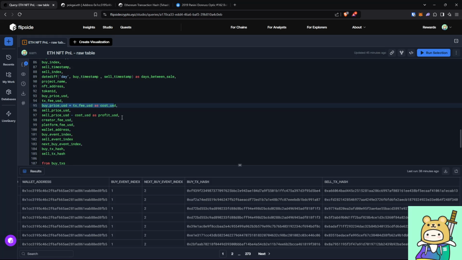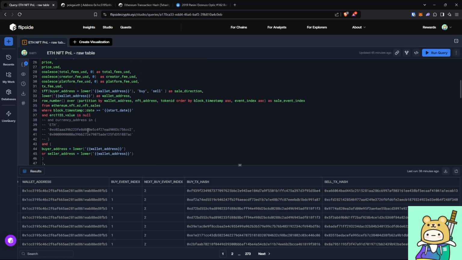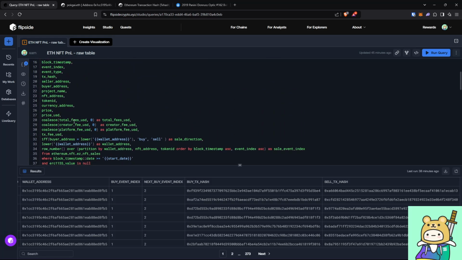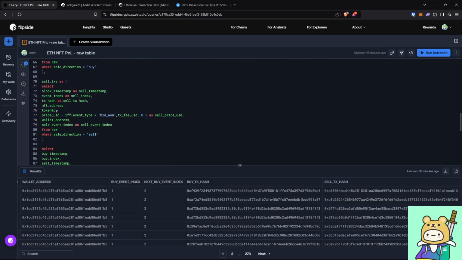Yeah, let's do that. So platform fees, I have it in raw, and this would be total fees USD over here. So sell price would be minus this. So price USD is the total price minus all the fees.